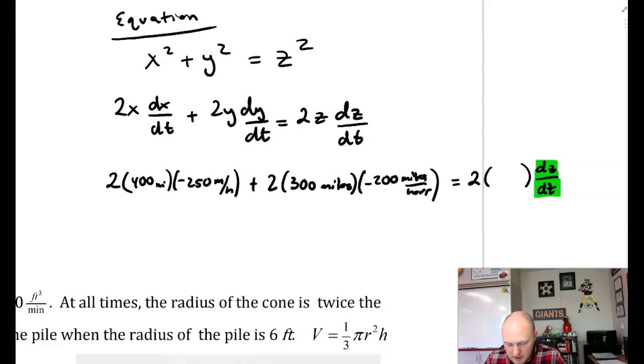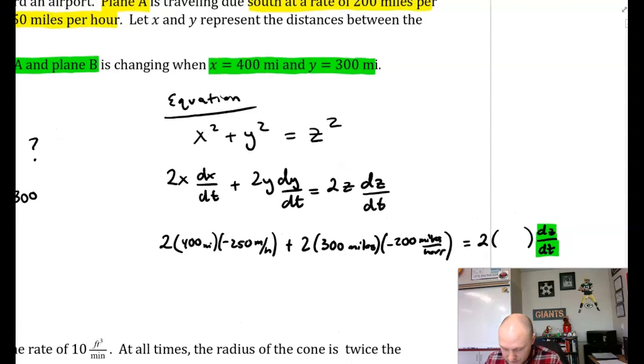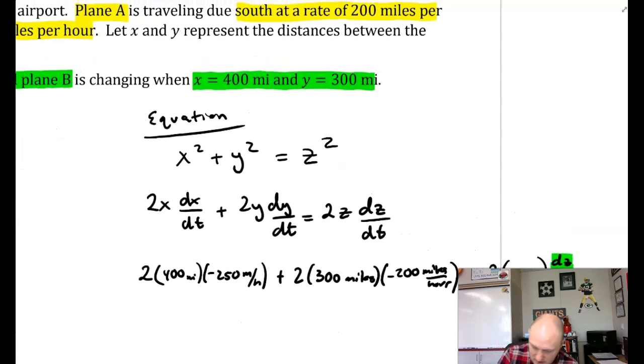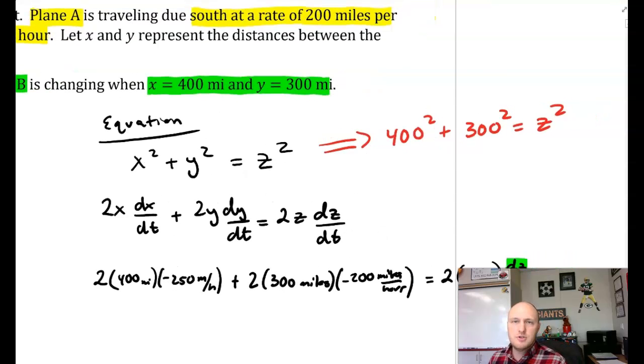So I'm going to go back to my initial equation. At the moment that x is 400, this is 400 squared plus 300 squared is equal to z squared. You can go ahead and calculate that, or you can recognize it as a Pythagorean triple.